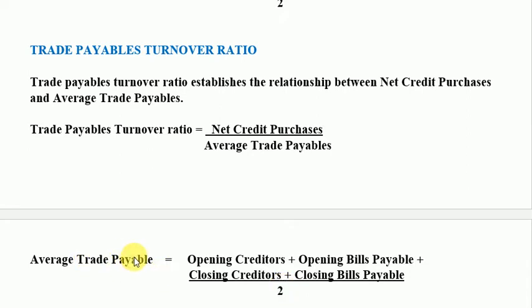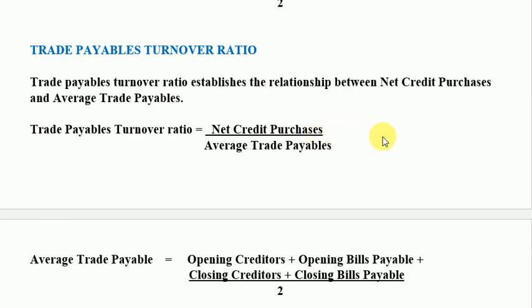Otherwise, if only creditors and bills payable are given, you just need to add them and put it in the formula as average trade payables. So take care of this, and as I told you, when you calculate, you have to express it in times.